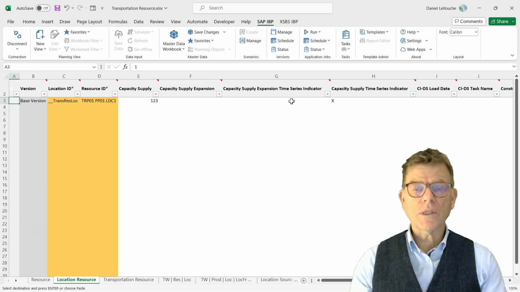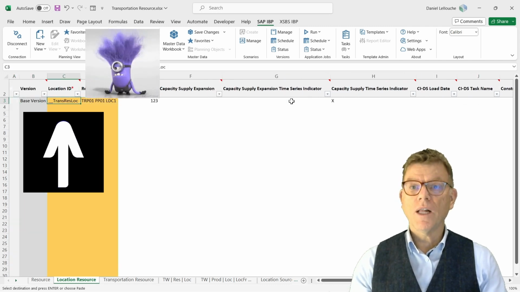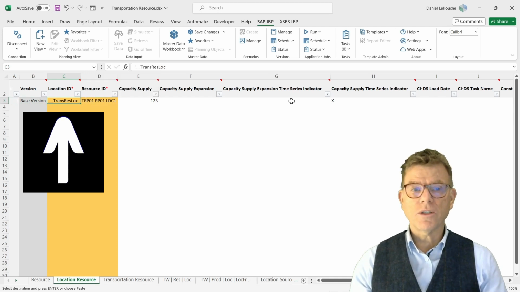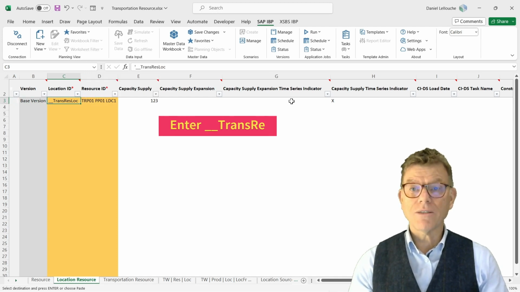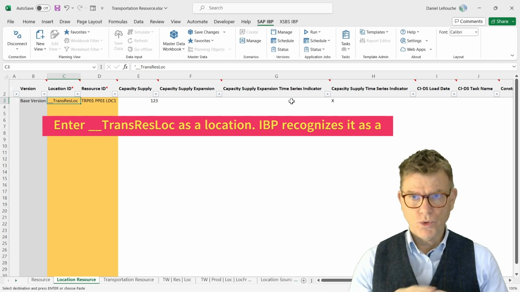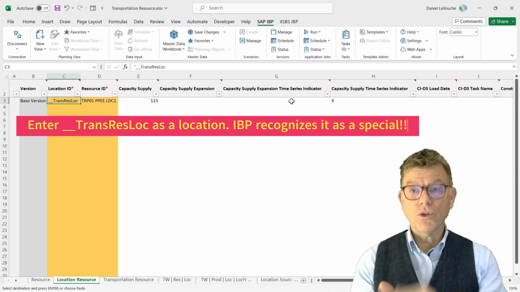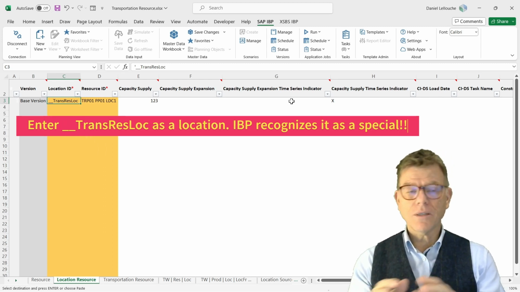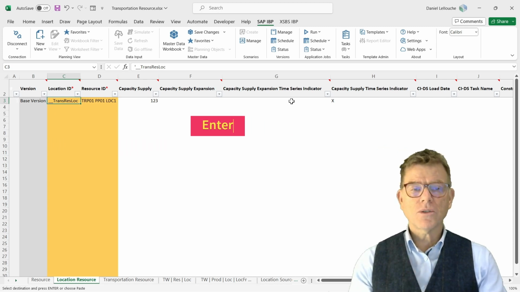But more importantly, because I can tell you I wasted my time searching for that, the location to which you attach this transportation resource is a virtual location. You don't need to define it, you just use __ trans res loc. And by so doing, the system knows that it is a transportation resource.